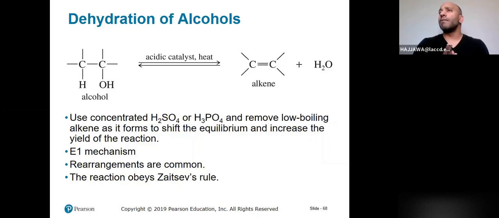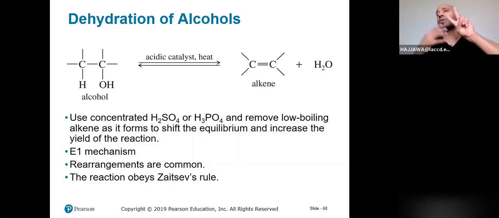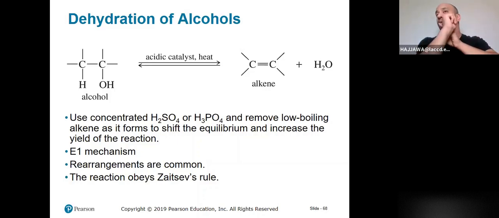What if I want to have an alcohol to be the source of the alkene? Well, we need to remember that OH is a very bad leaving group. Why is it a bad leaving group? Because OH minus, which is the anion, is a very strong base. There are two factors that need to be considered when I want a good leaving group. It has to be a weak base, and it has to be polarizable.